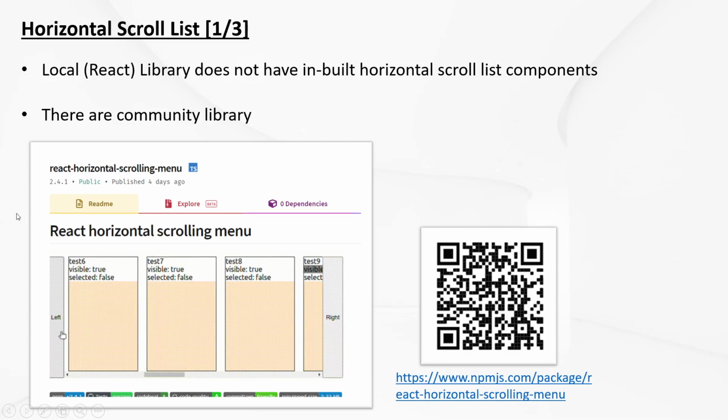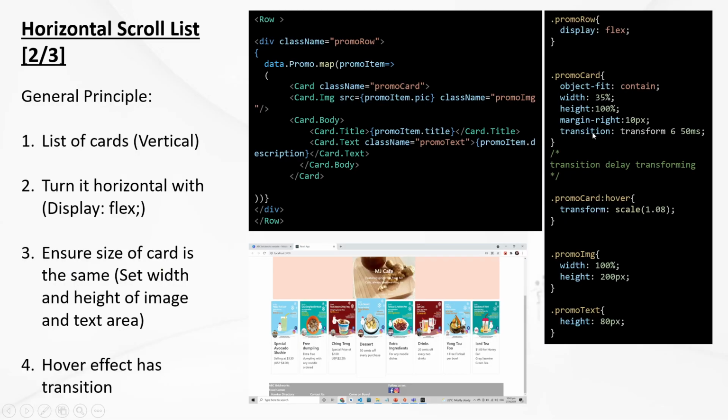A good practice of mine is that if I'm not familiar with the thing, I will usually do it from scratch first before I use the community library to understand the logic behind, so that I could improve myself further. So going by this train of thought, I have decided to code from scratch the horizontal scroll list, or what you call horizontal scroll menu.